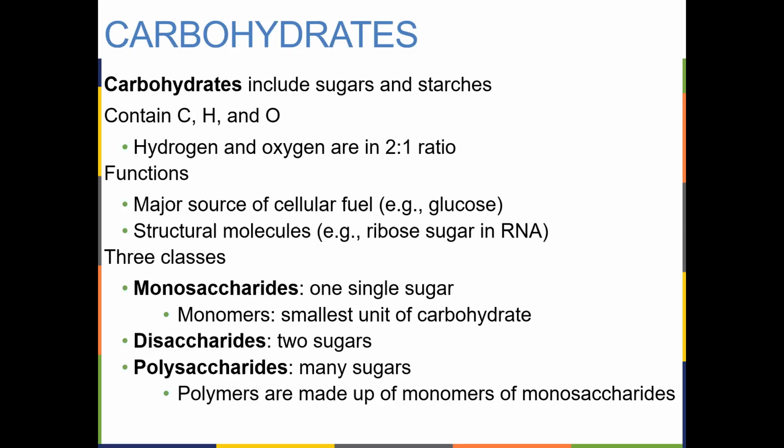Potatoes are full of starch. That's stored energy from the plant. The starch in a potato is nothing but hundreds and hundreds, probably thousands and thousands of glucose molecules linked together. That's what starch is. So it's a very large molecule.